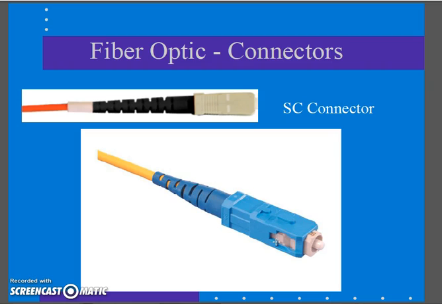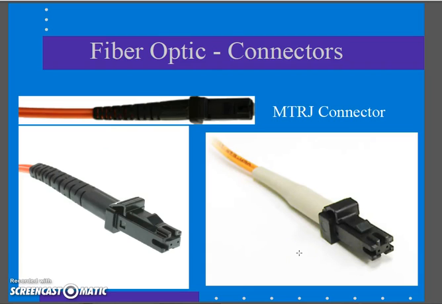Things kind of progressed on to using SC. A lot of things used SC ports or SC terminations. This guy right here, kind of a squarish connection with your fiber, the ferrule, coming out. Things moved on to using small form factor. MTRJ was very common for a while. Even some of the switches we have in our room still have MTRJ ports on.